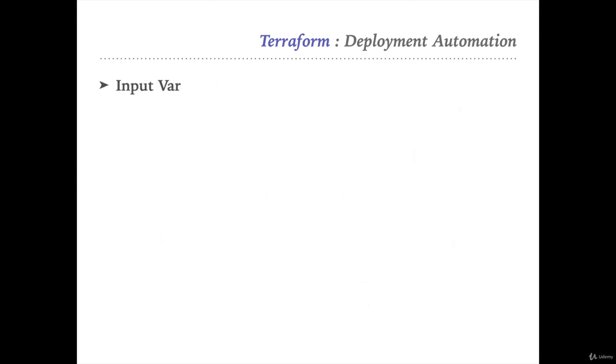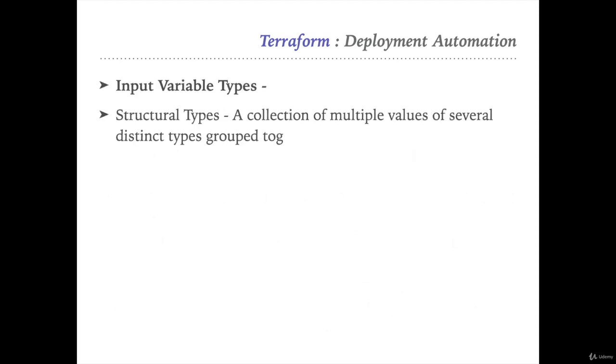If we go with the structural one, then structural is a collection of multiple values of several distinct types grouped together in a single value. It means the values which we are grouping together in a single variable have different types. Then we need to use the structural type. Structural type is something like the object. We are creating the object of multiple values.